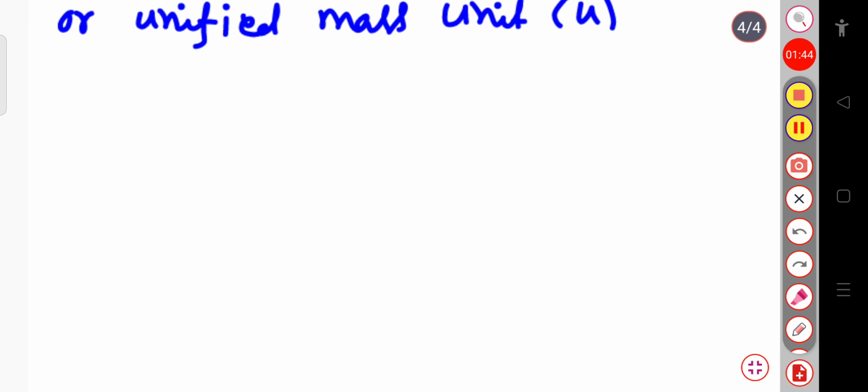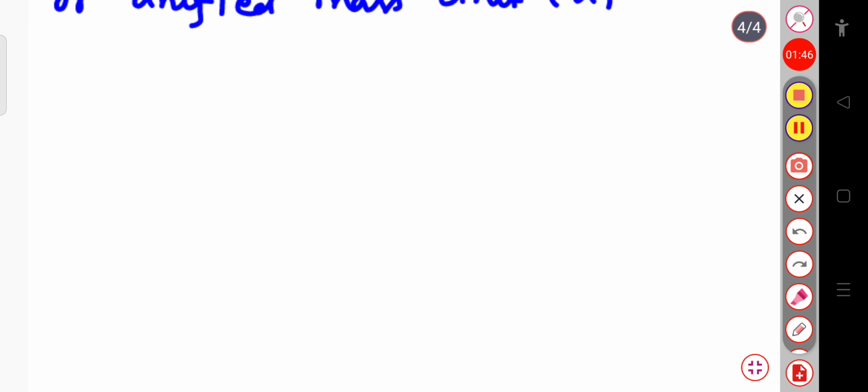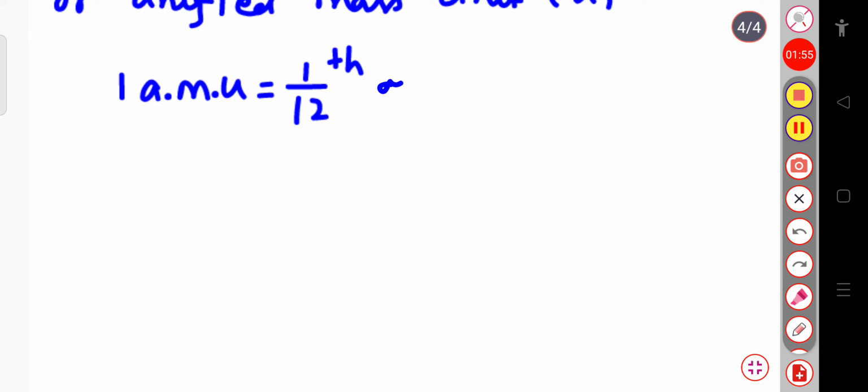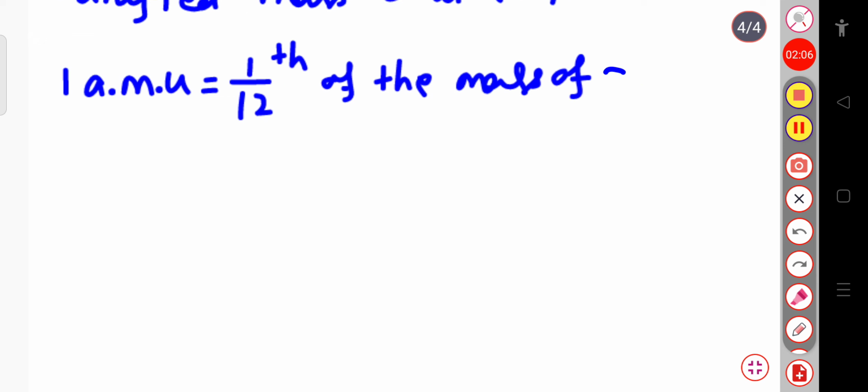And this one AMU, one atomic mass unit, is equal to 1/12 of the mass of a carbon atom, that is 6C12 atom.